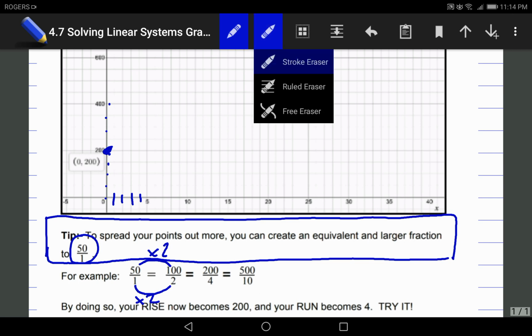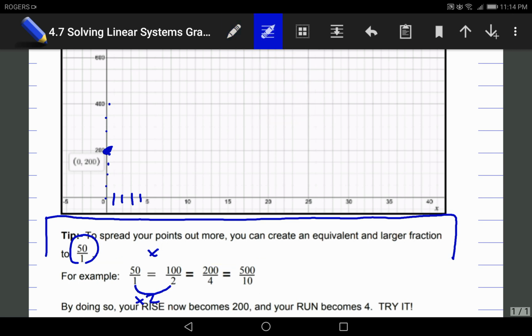Okay? And you can do an even bigger one. So how about you multiply the top by 10 and you just multiply the bottom by 10? Wouldn't it be nice now to use this fraction, 500 over 10, as opposed to 50 over 1 on my scale? Watch how much better this will turn out for my line.